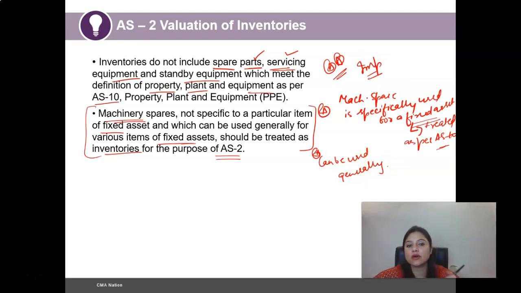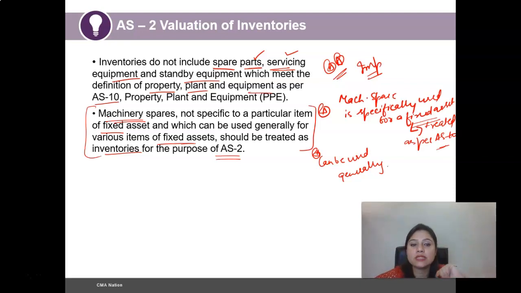So we cannot include the cost of such machinery spares in all the assets, or segregate it into all the assets and include a part of the cost of those machinery spares in all the fixed assets.